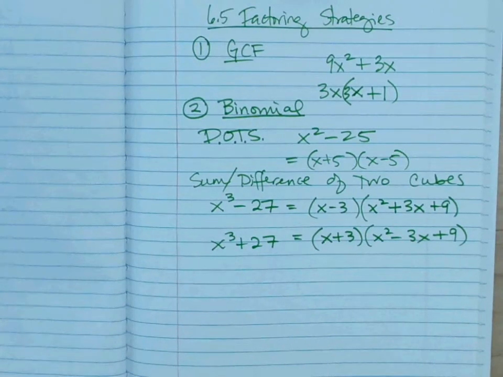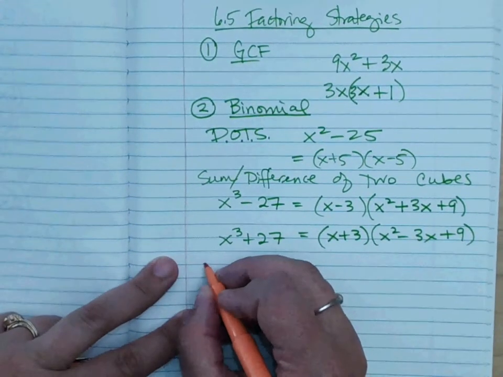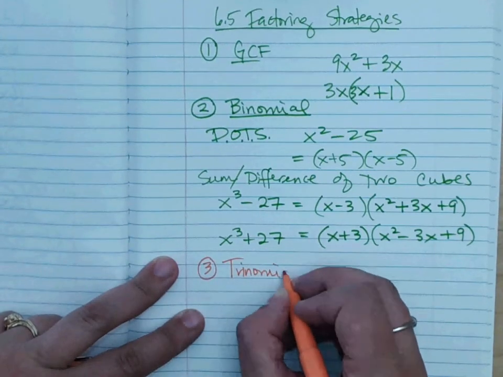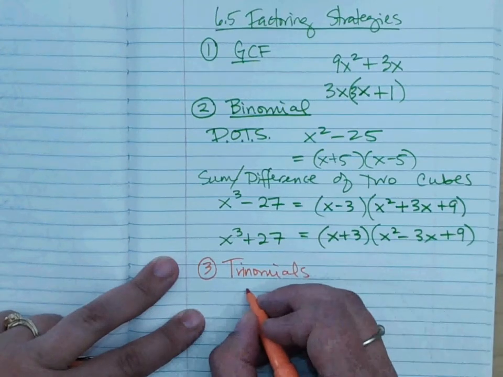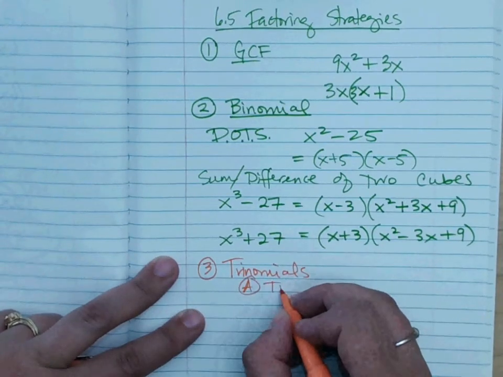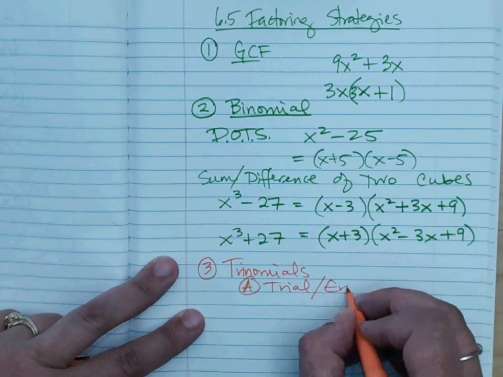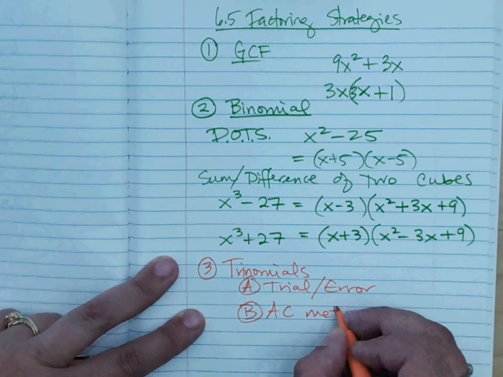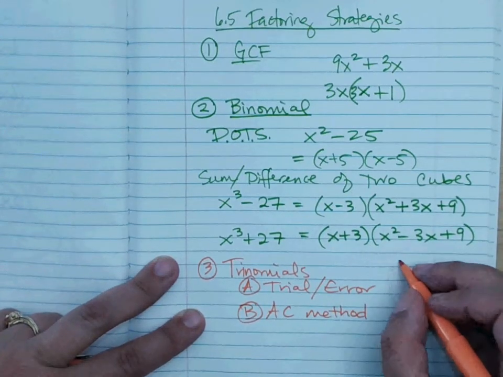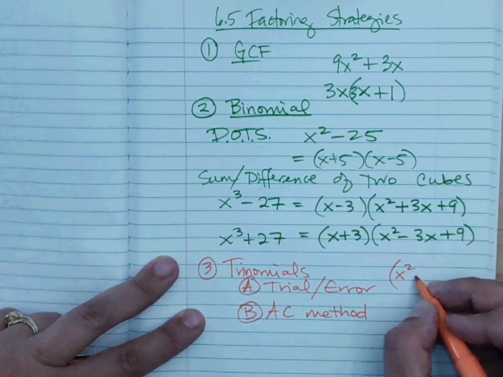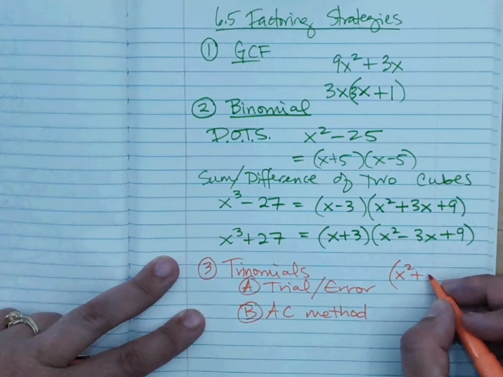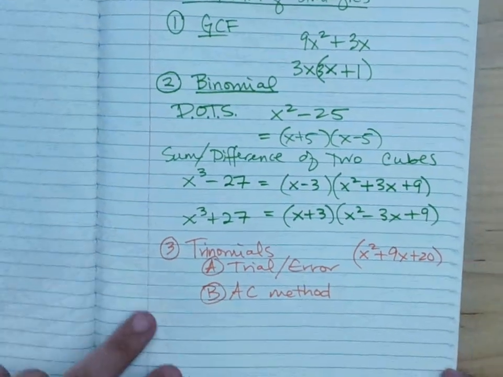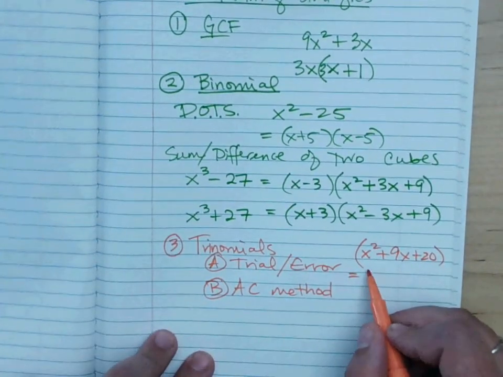The next thing would be trinomials. So we learned trial and error, and we learned the AC method. For an example here, if I had x squared plus 9x plus 20, and you wanted to factor that, what would the factors be?